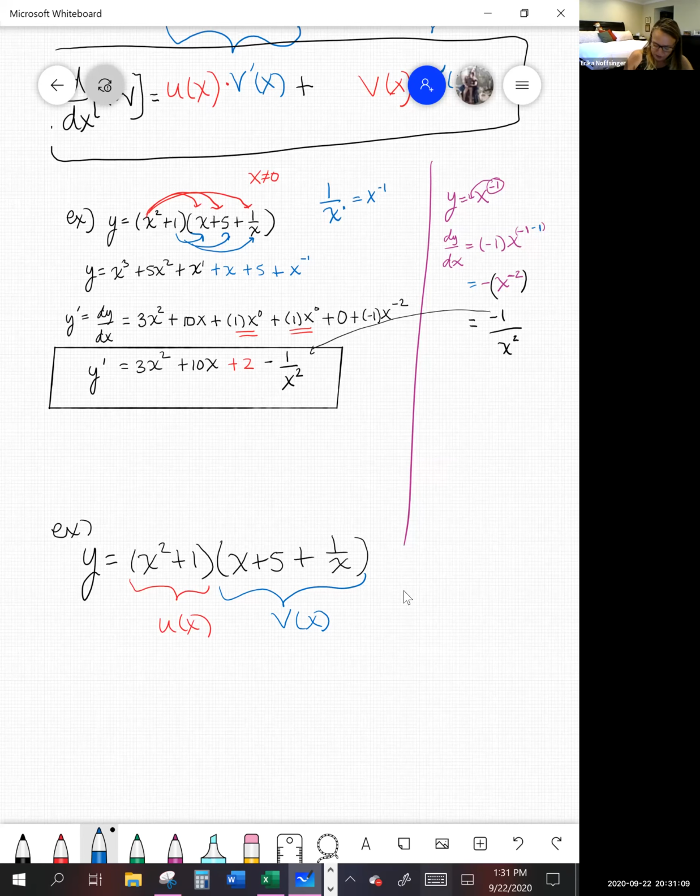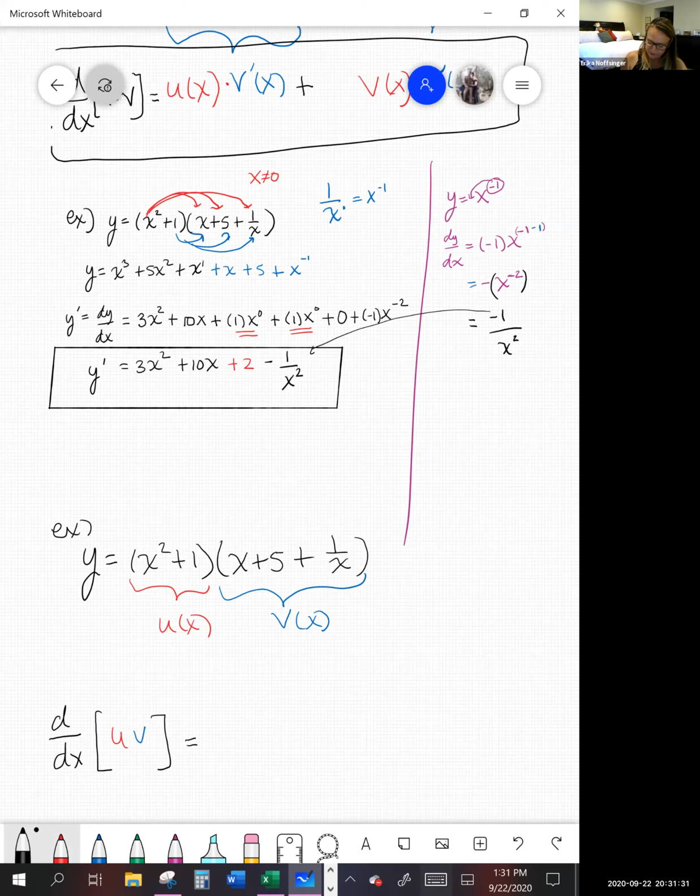So when we take the derivative, d dx of, and I'm just going to write it like it is in the book, u times v. I'll do the derivative of the second.